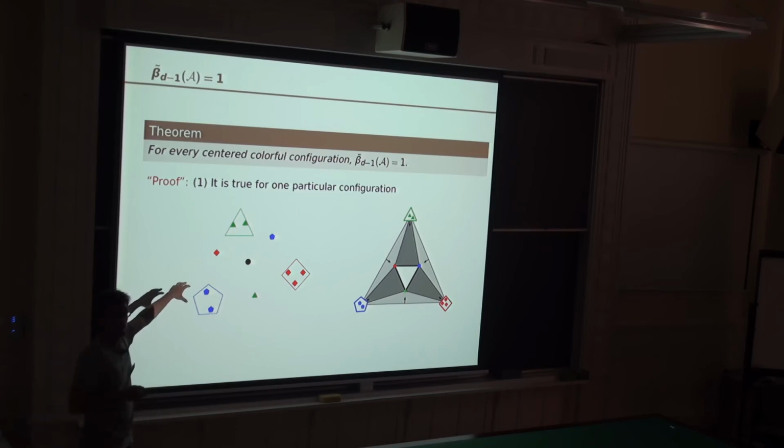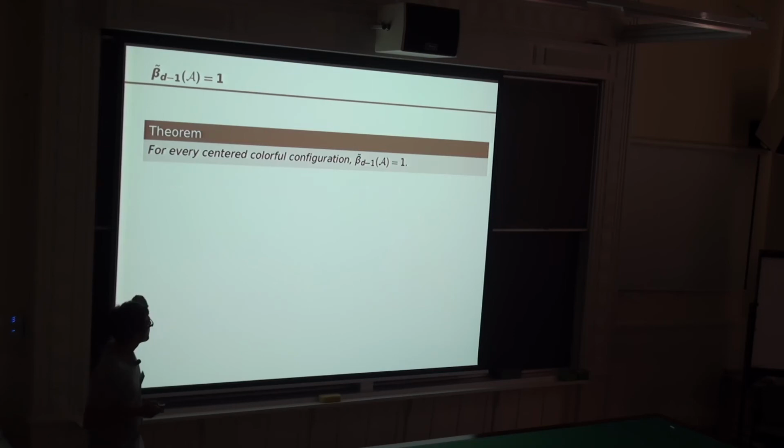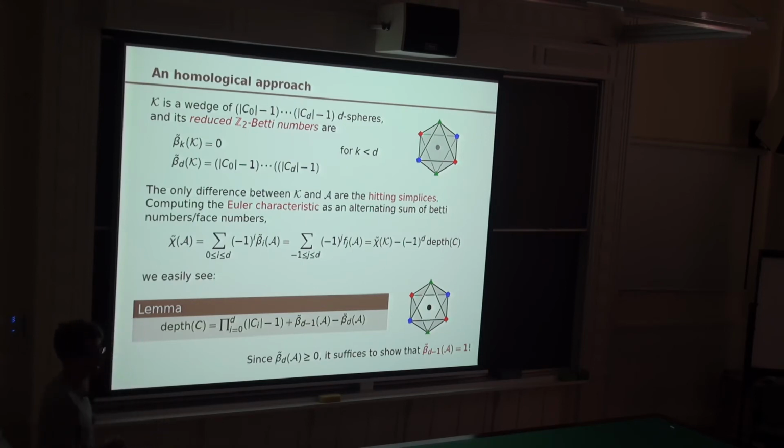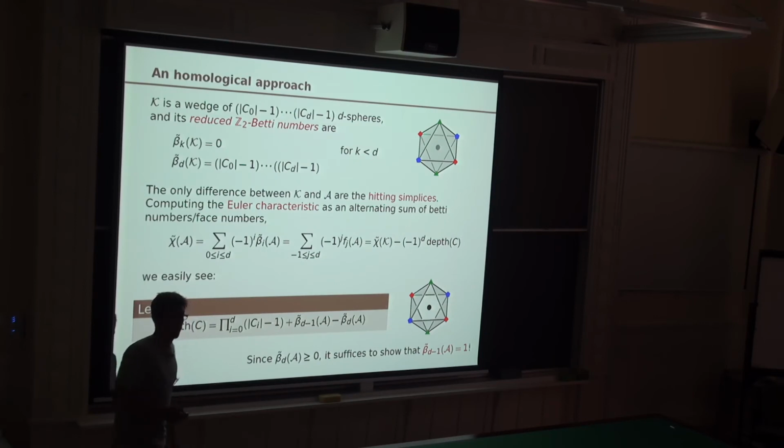So if the clusters were all of size 1, I already showed you this picture here, right? You have an octahedron and you have two simplices that are removed, these two. So, for example, here you already see that in this case, topologically, you only have one cycle, right?